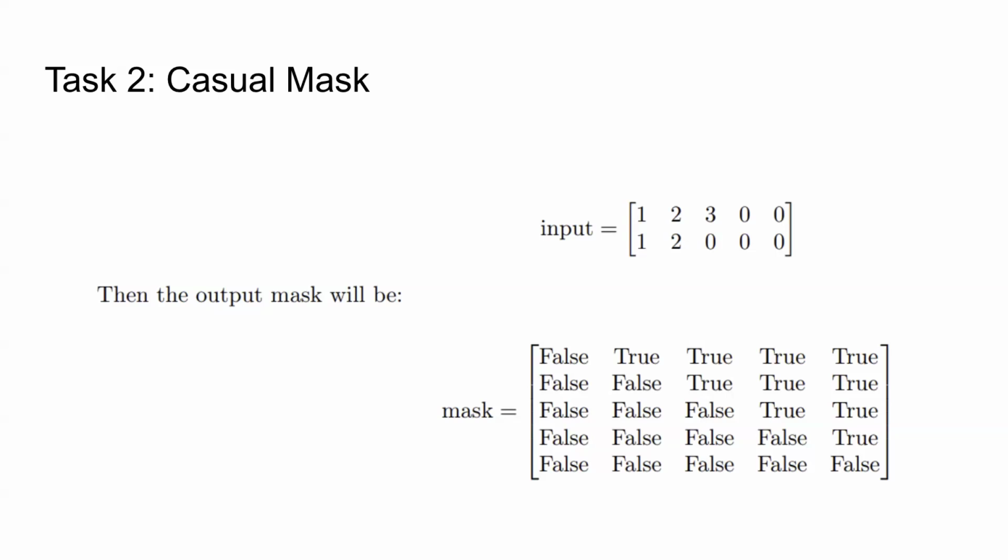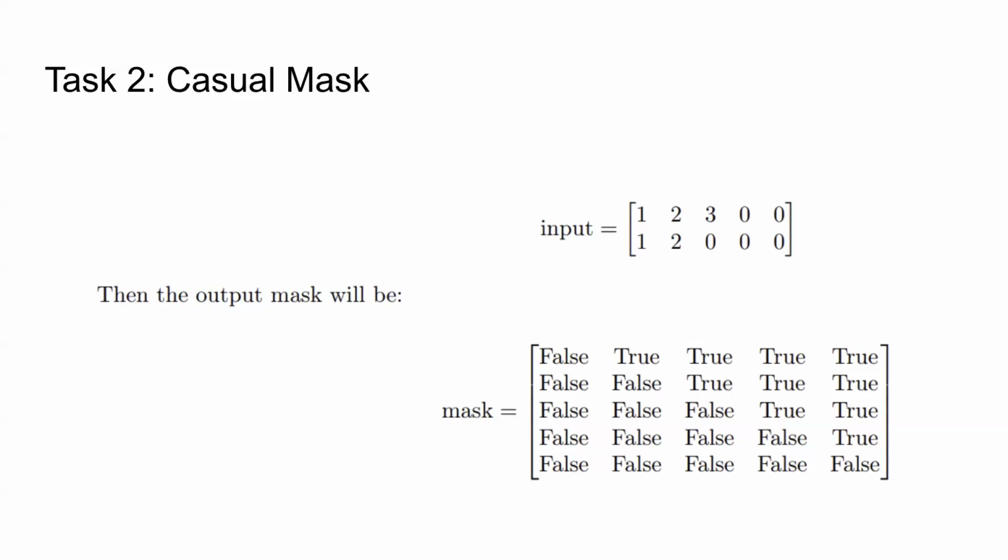But since all the tokens are given at once, the model can see all the future tokens. So if the model can see all the future tokens, it's not really predicting, it's just repeating what it saw. So in order to prevent the model from cheating, in other words, from seeing the future tokens, we create a mask that masks out the future tokens.